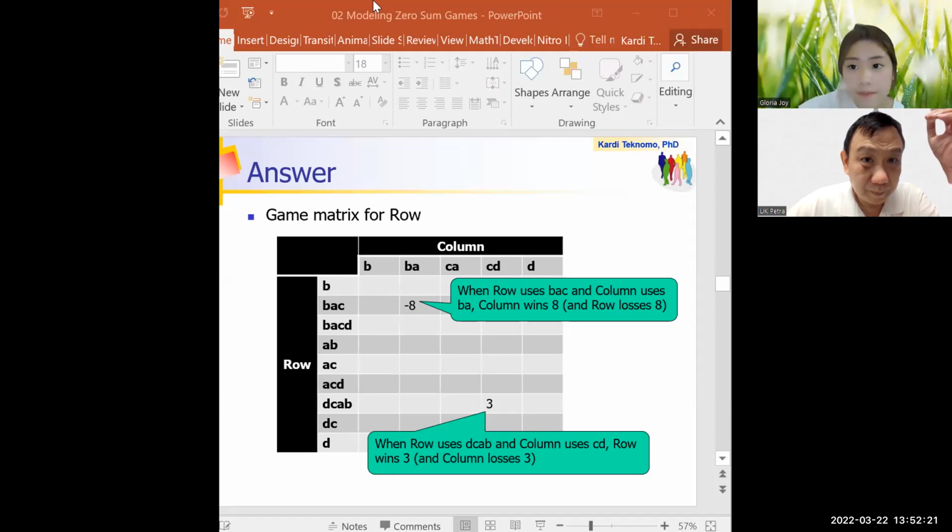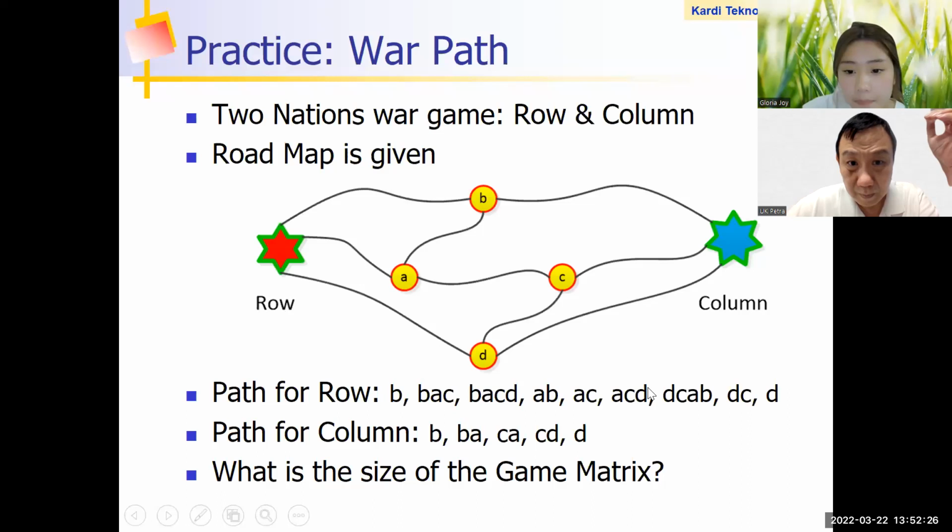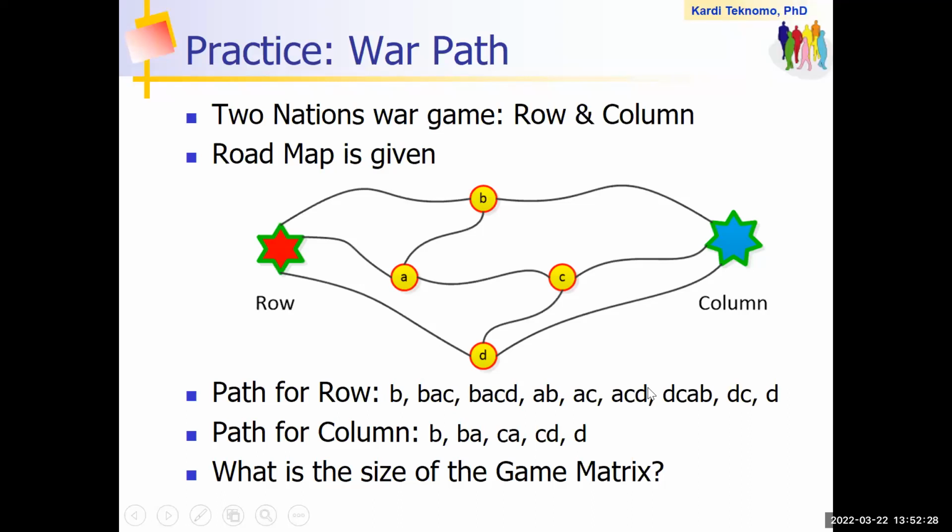Good, very good. So next one, I want to show you. This is a very nice example. Say you have two nations working. Say I have a row and column, and these are the city map and the road map.